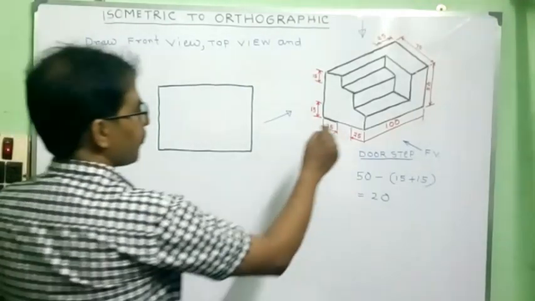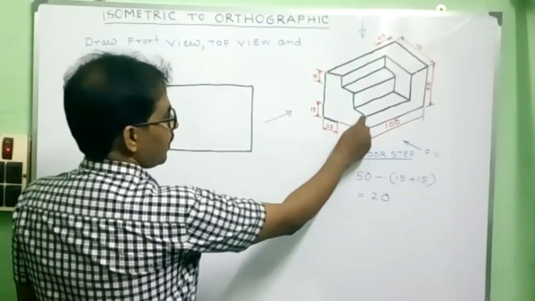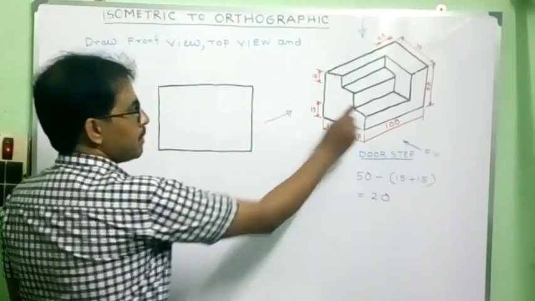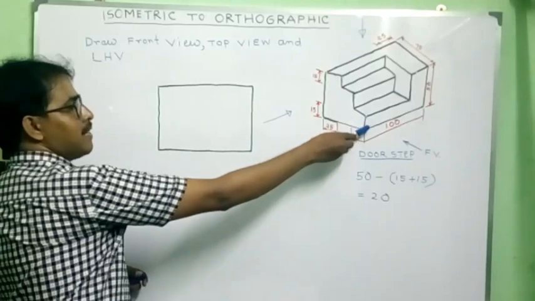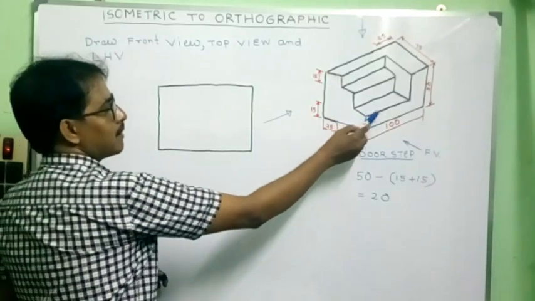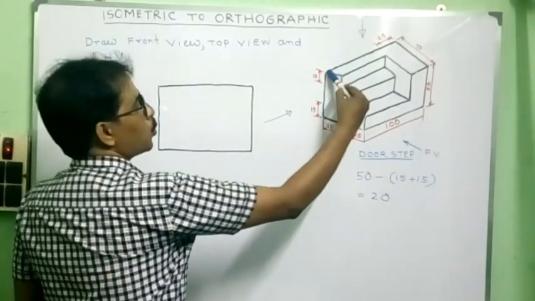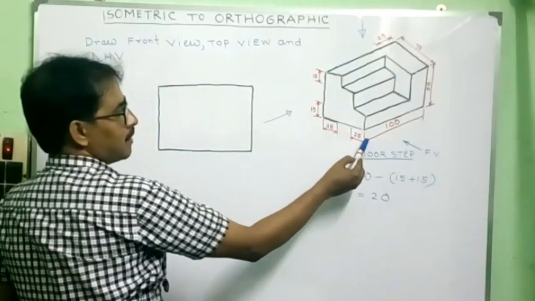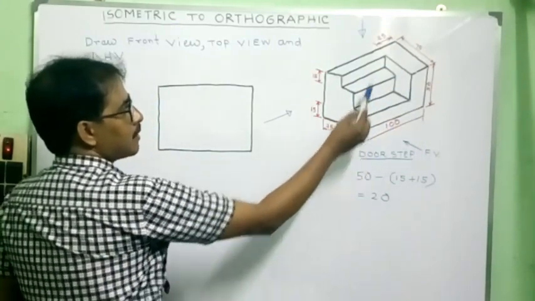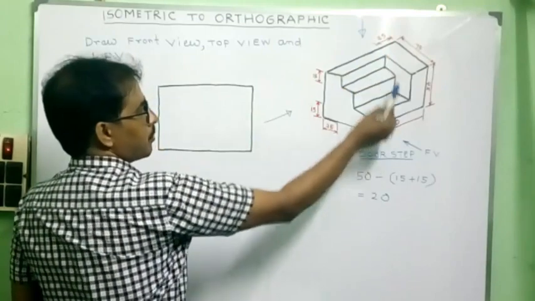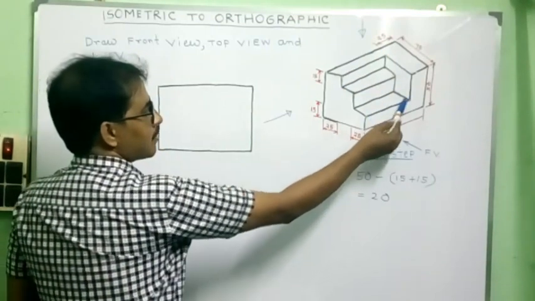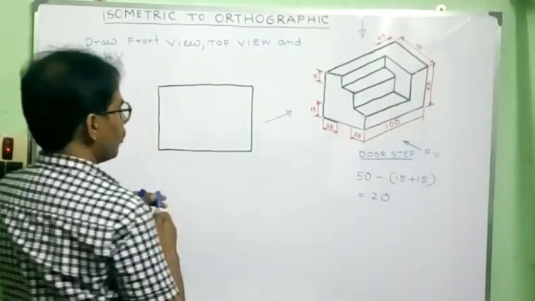Okay. Now this height is 15 millimeter, and this length is the total length 100 minus 25. This length is 75.